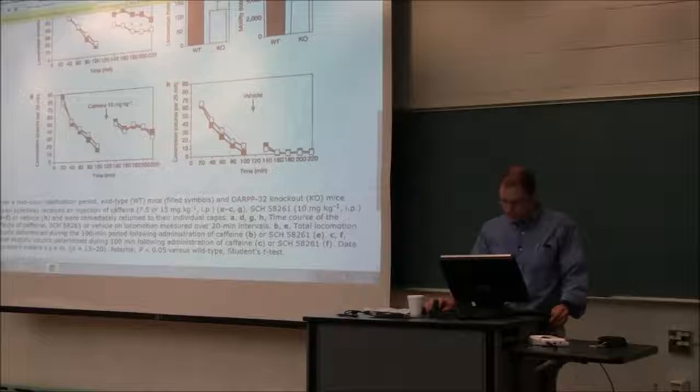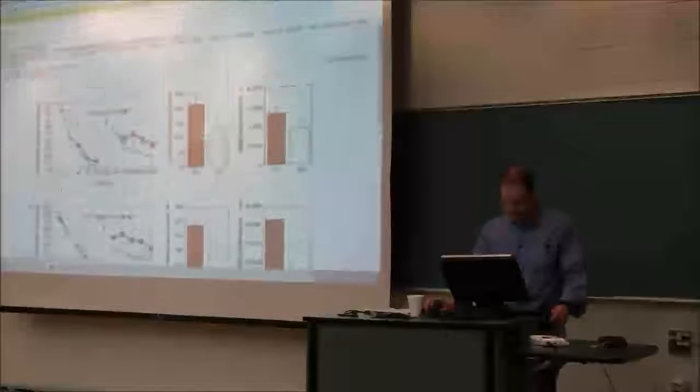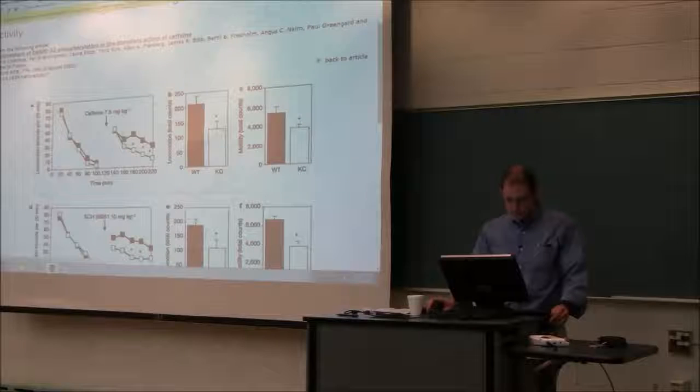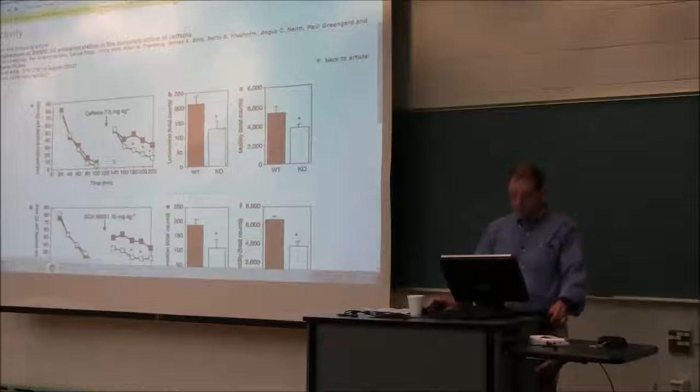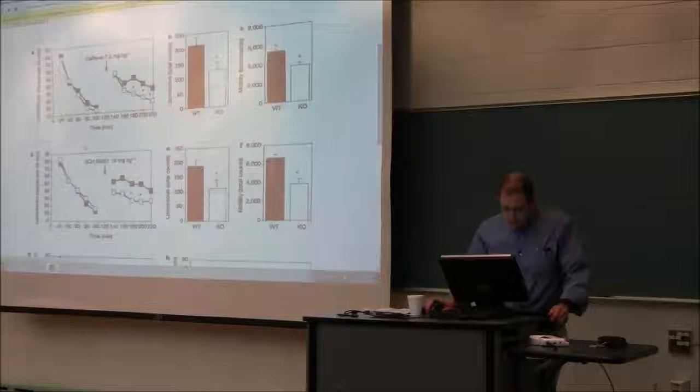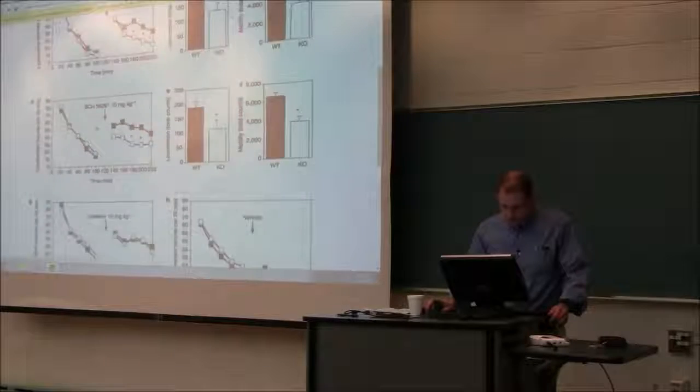Instead, they get an injection of caffeine in A to C and G. So A, D, G, H show the time course of the effects of caffeine on locomotion measured over 20-minute intervals. So we will look at A. Locomotion, so this is an experiment where the measure is locomotion counts per 20 minutes.